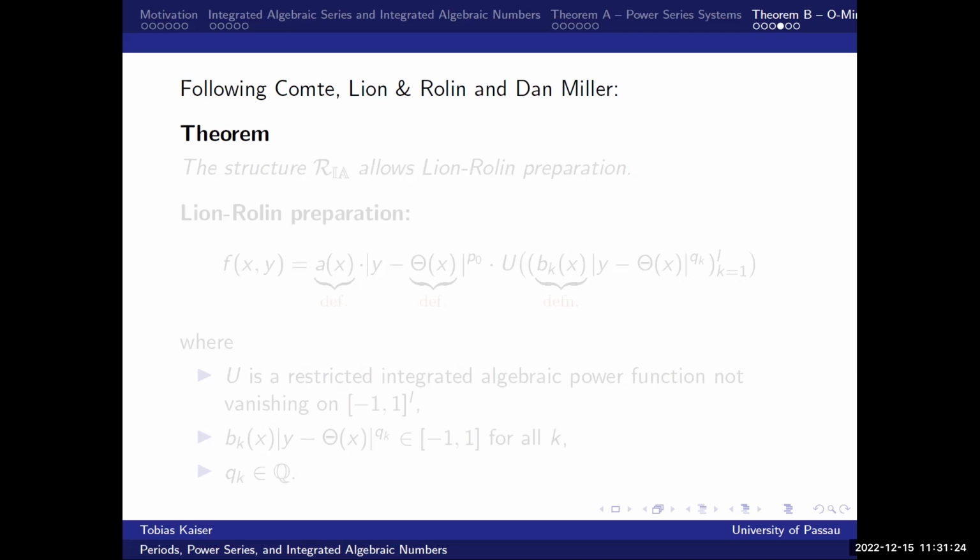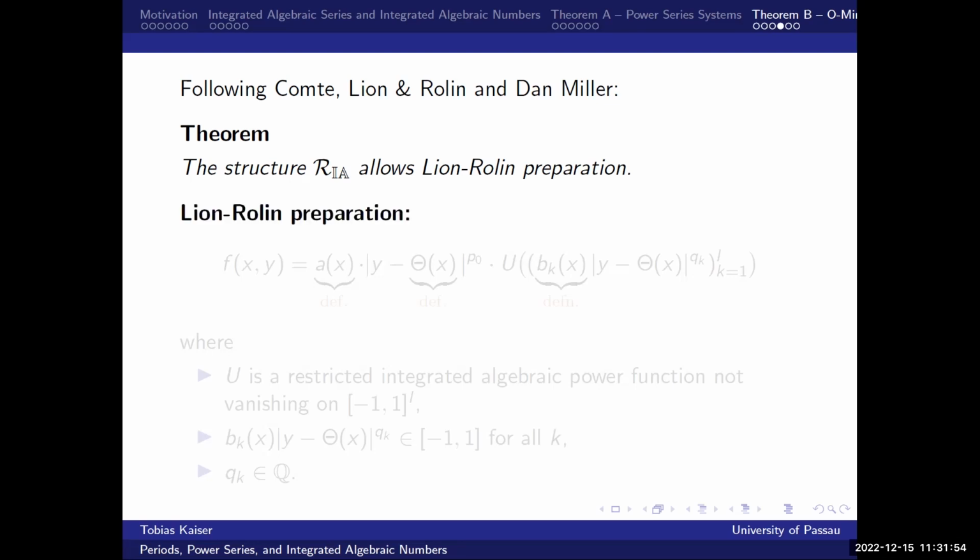And this is based on Lion-Rolin preparation, following Comte, Lion, Rolin and also the extension by Dan Miller. Dan Miller extended this to, let's say, Weierstrass systems on the reals. We showed that this structure allows Lion-Rolin preparation. So it's a different style of Weierstrass preparation.